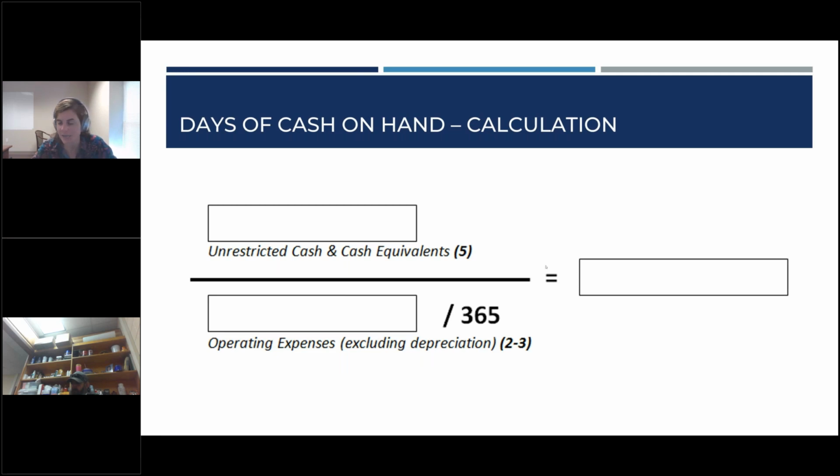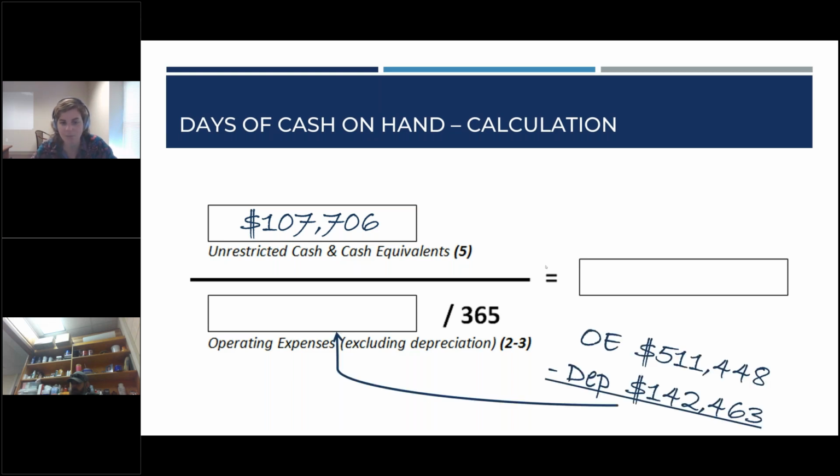So we've got our unrestricted cash and cash equivalents on top, which is 107,706. And then on the bottom, we want to know our operating expenditures excluding depreciation, which is going to be 511,448 minus that depreciation cost of 142,463, which we've done a couple times now, 368,985.